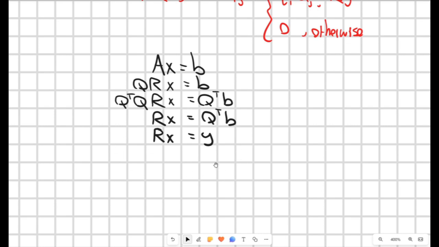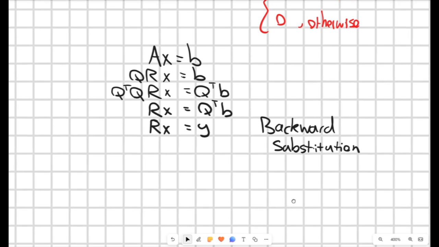So fortunately, because R is upper triangular, we can now solve for x relatively easily using something called backward substitution, which for this video we'll just illustrate for the 3 by 3 case.